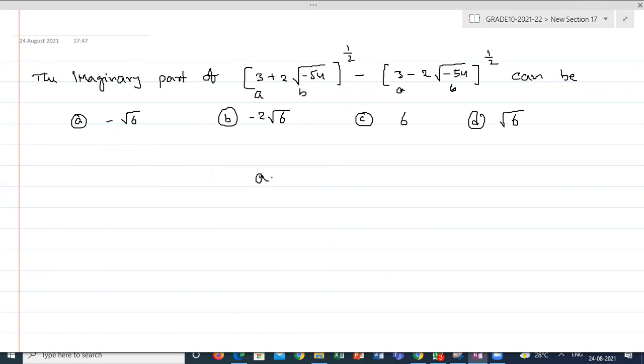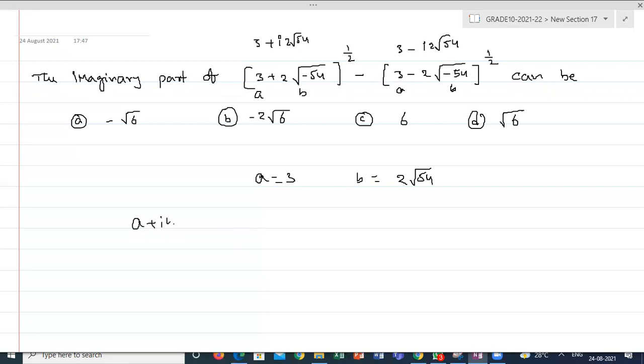What is your a value? 3. Your b value is 2 root 54, because minus 1 you have to take out. This should be like 3 plus i 2 root 54, this is like 3 minus i 2 root 54. So this is looking like the square root of a plus ib minus the square root of a minus ib. So what answer I told you?